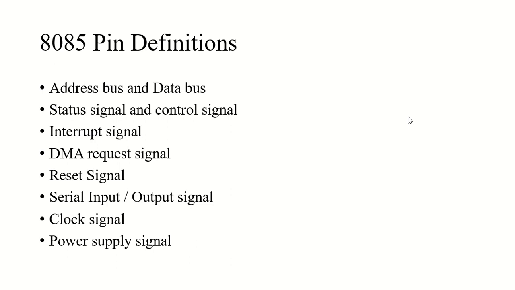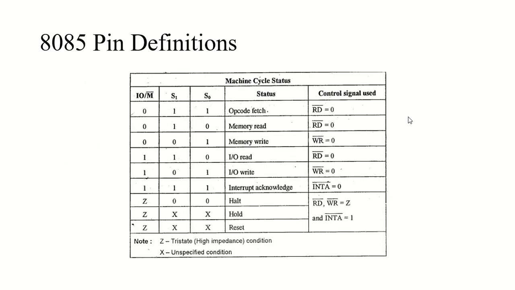And based on that, we can also form this machine cycle status chart, which we will be using in the upcoming lectures in order to draw the timing diagrams of different instructions which we will be studying. So you can see 11 is the opcode fetch, 00 is halt, and also this IO/M plays its part.